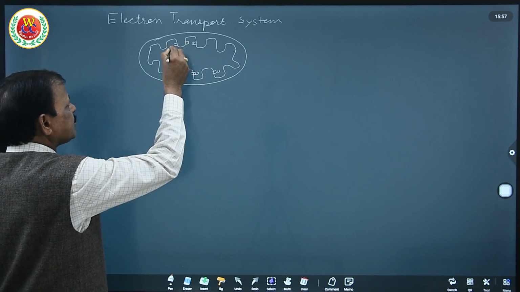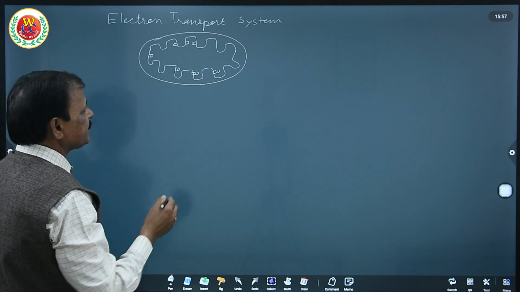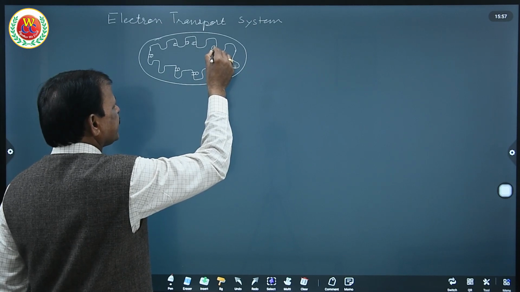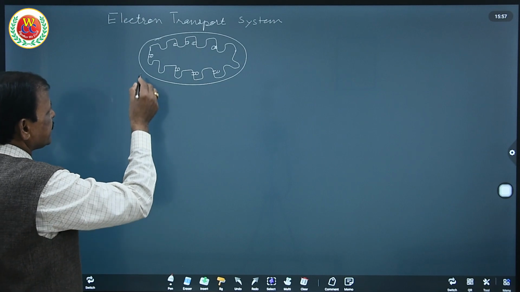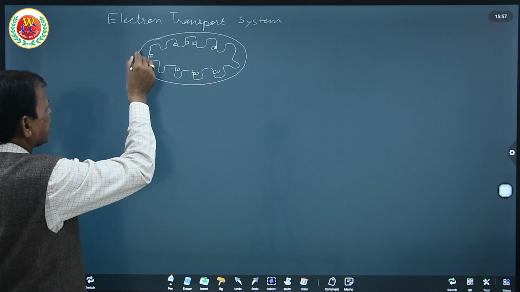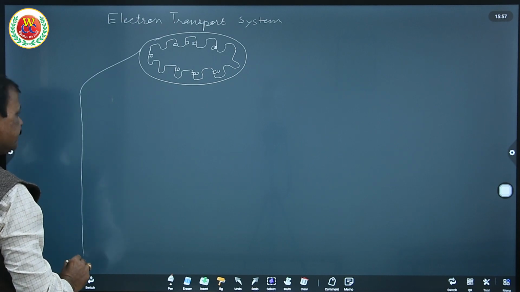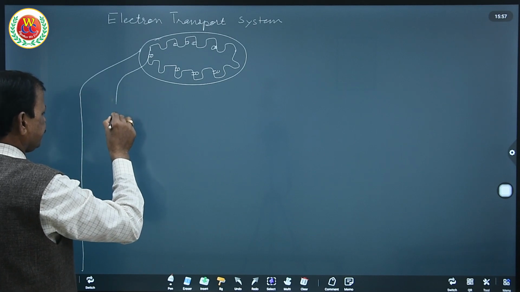That F1, F0 is the ATP synthetase. F0 is present inside the membrane, and F1 is located outside. This is the outer membrane of the mitochondria. This is the inner membrane of the mitochondria.